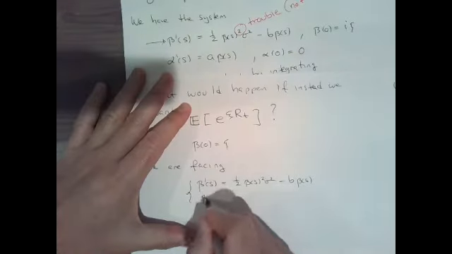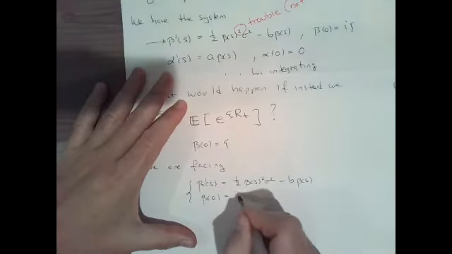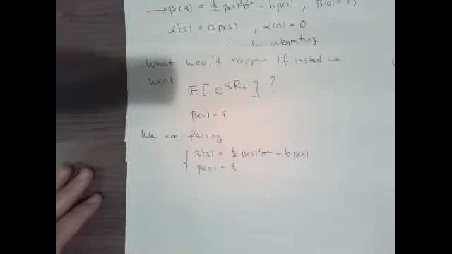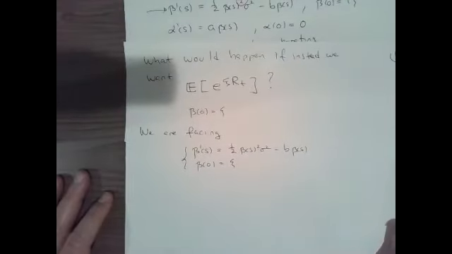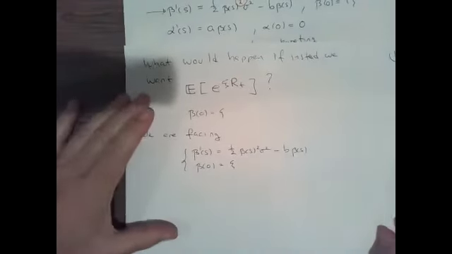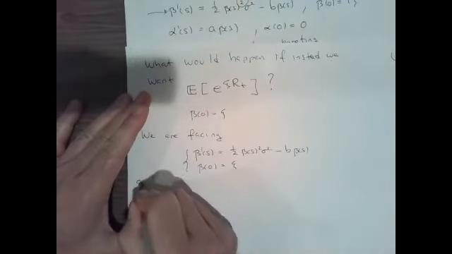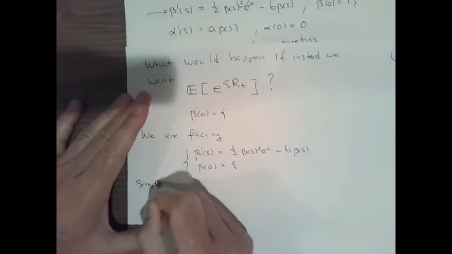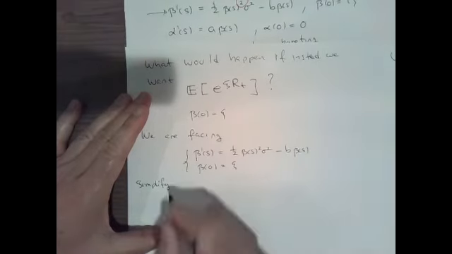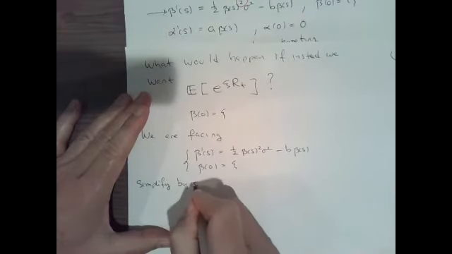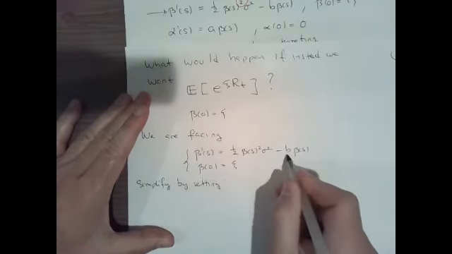And then we have the initial condition. This is psi. So what is the problem with this equation here? Let's simplify by setting this guy here equal to 0.